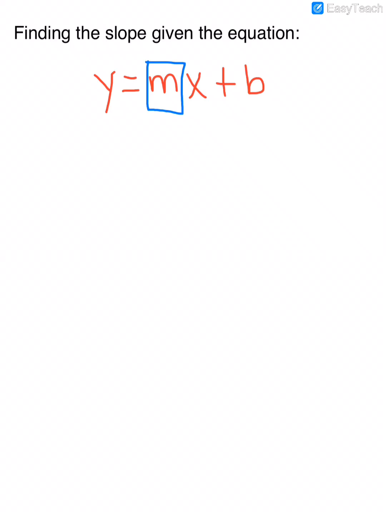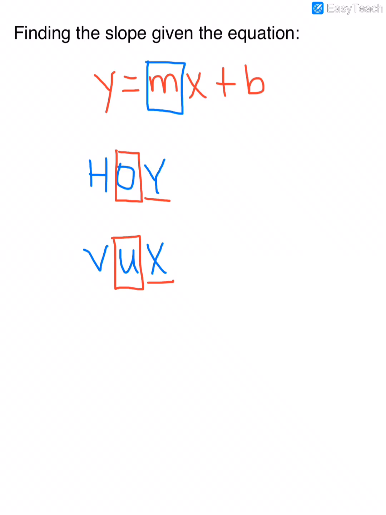Also, if we just have an x, or if we just have a y, we can use Hoy-Vux to find the slope. If it's just a y in the equation, then my slope is 0. If it's just an x in the equation, then my slope is undefined.